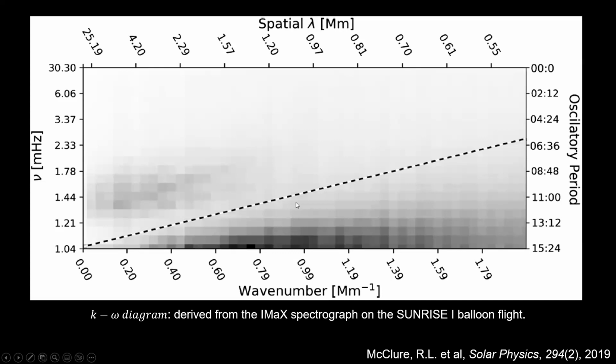This line corresponds to the sound speed on the photosphere. Everything below it, which is essentially from granular motion, you can think of as perturbations that are relatively slower compared to the sound speed, right?